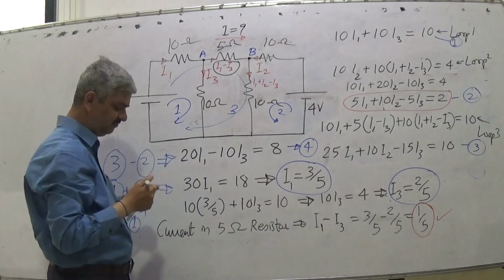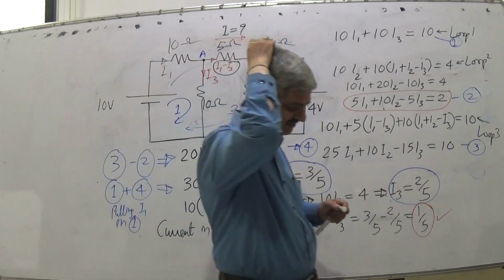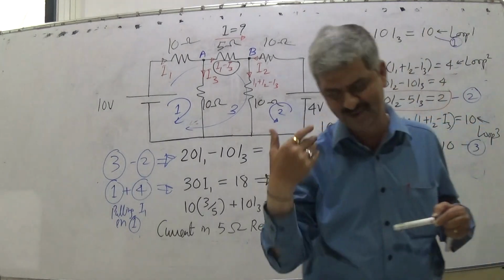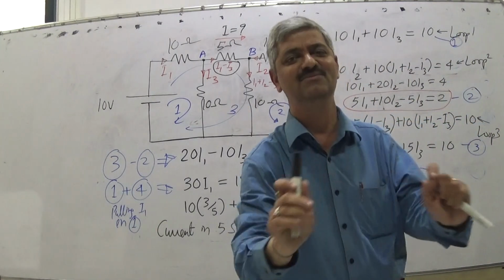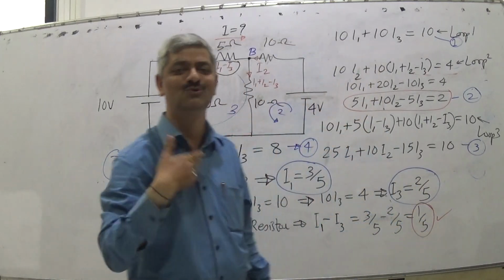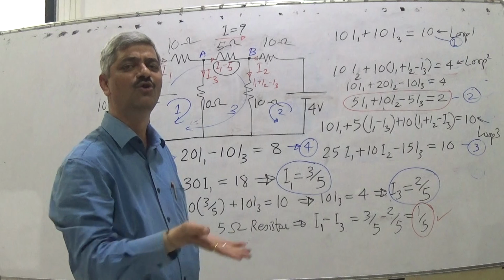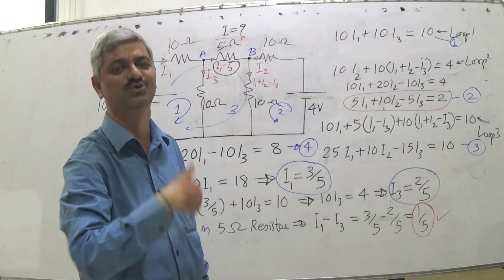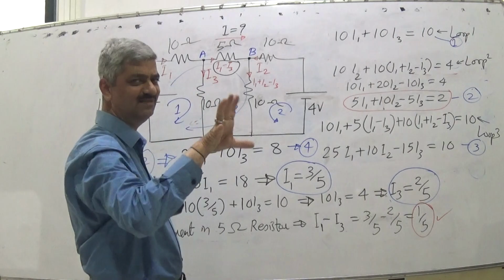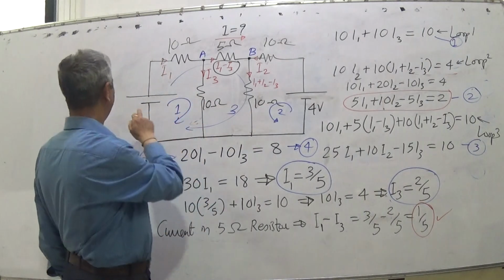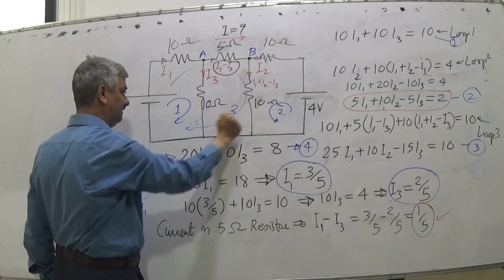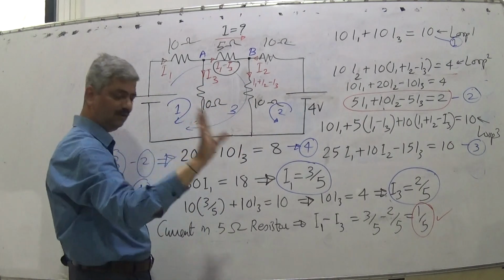Anyway, these thumb rules are not important now because manual solving is just abolished, only for GATE that may be required, otherwise not. So if you want to choose loops, normally choose the loop in which voltage source is there, so that some kind of confusion doesn't take place. So here loop 3, so I don't use this loop, I use this as loop 3. Those who want can have homework.